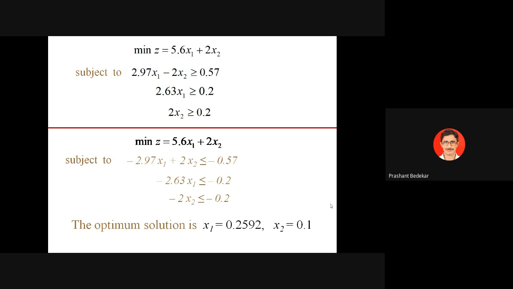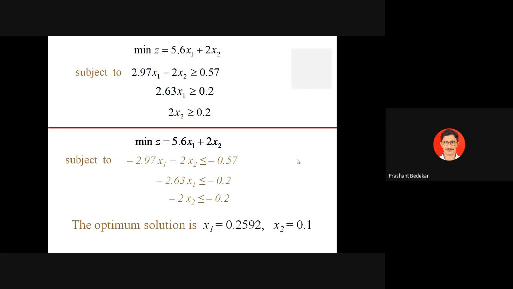The old electromechanical relays cannot be set to 0.2592. It will be 0.2, 0.3, 0.4, something like that. Or maybe if you have more accurate relays, it can be 0.25, 0.26, but it cannot go to 0.2592. A time multiplier setting of 0.2592 can be set only in numerical relays, not in electromechanical relays. So this is how I can apply the linprog function.